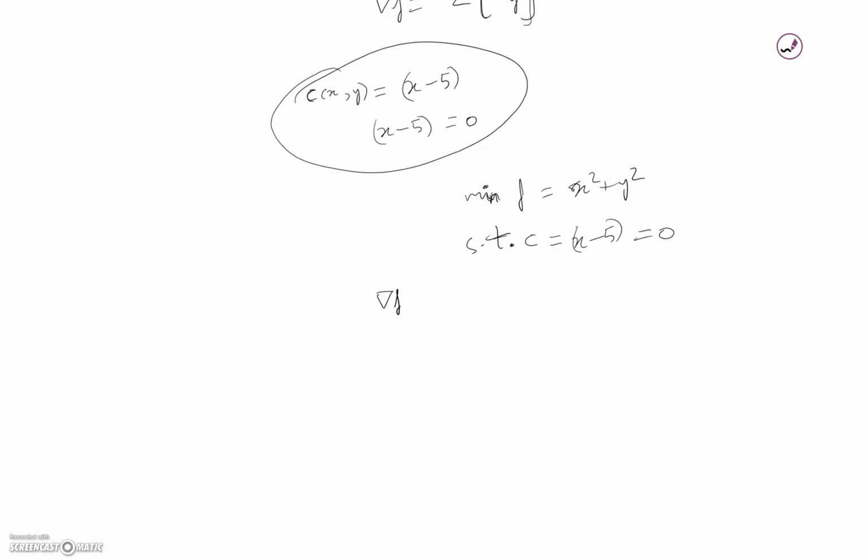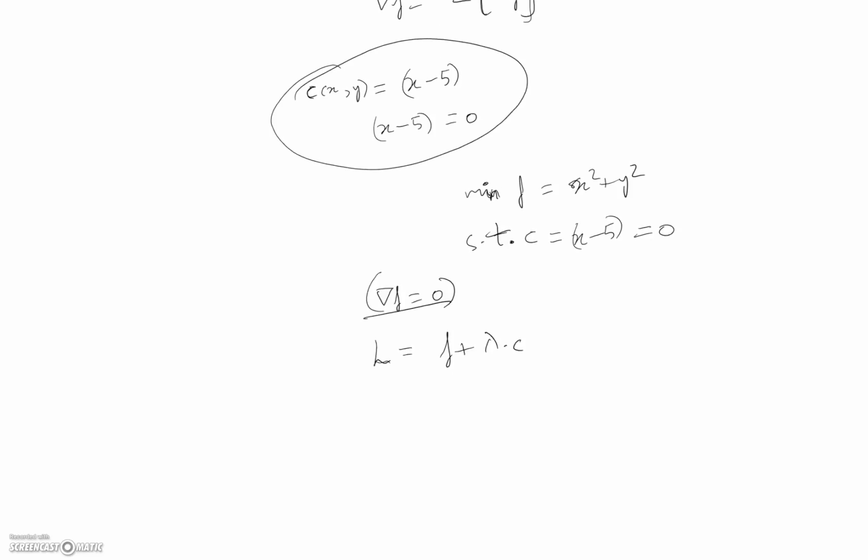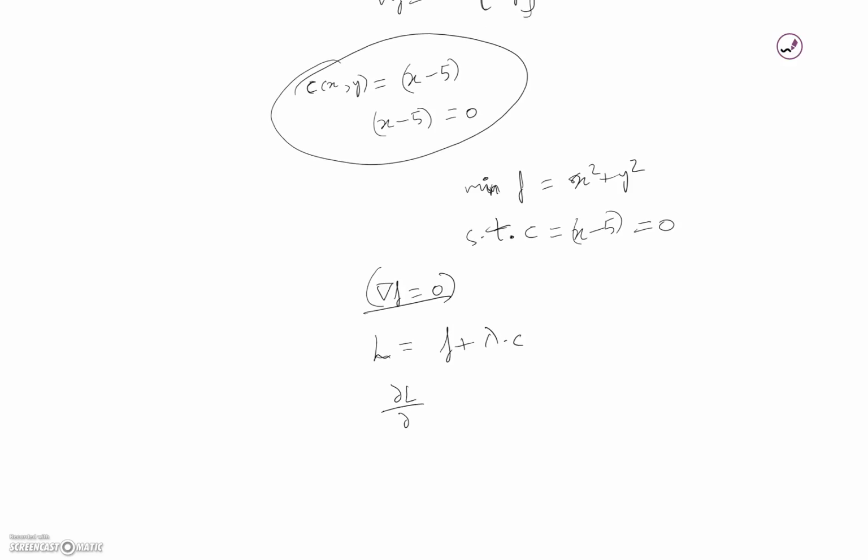Instead of just saying del f equal to 0, which we do for unconstrained optimization, for constraint optimization we define the Lagrangian, which is L = f plus lambda times c, and we say that in order to solve the constraint optimization problem, we need del L by del x equals 0 and del L by del lambda equals 0. And in general, we'll obviously have not just x but x, y, and a bunch of other stuff. So let's succinctly state that as del L equals 0.